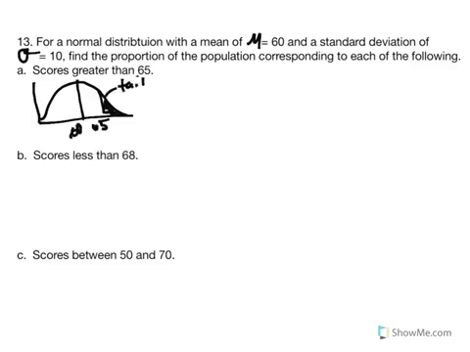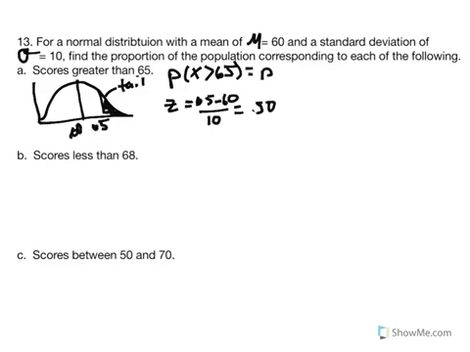Okay, so we're going to find, again, the probability of obtaining an x value greater than 65. And we're going to convert that to a z-score. Z is equal to our score, 65, minus our mean, 60, over standard deviation of 10. 65 minus 60 divided by 10, we get 0.5. And again, this is rewritten as the probability of a z-score greater than 0.5.